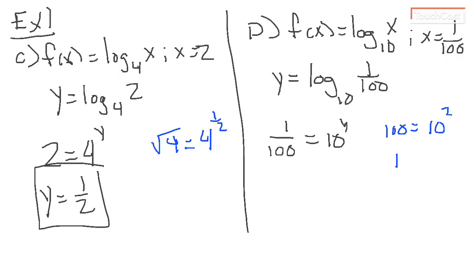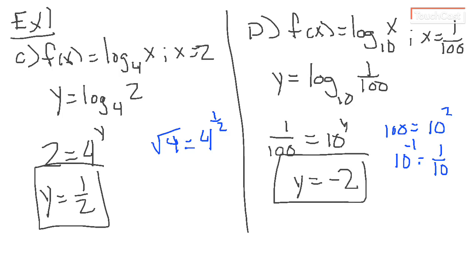For example, 10 to the negative 1 is the same as 1 over 10. So utilizing both of those ideas, knowing that 10 squared is 100 and anything raised to a negative exponent is 1 over something, I know that y is going to have to equal negative 2.